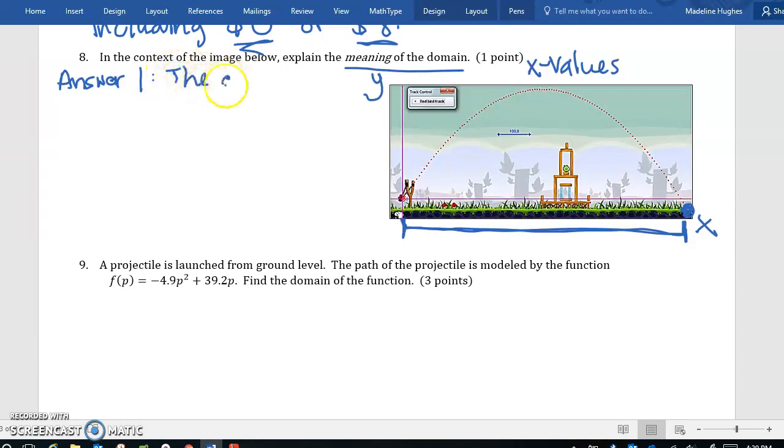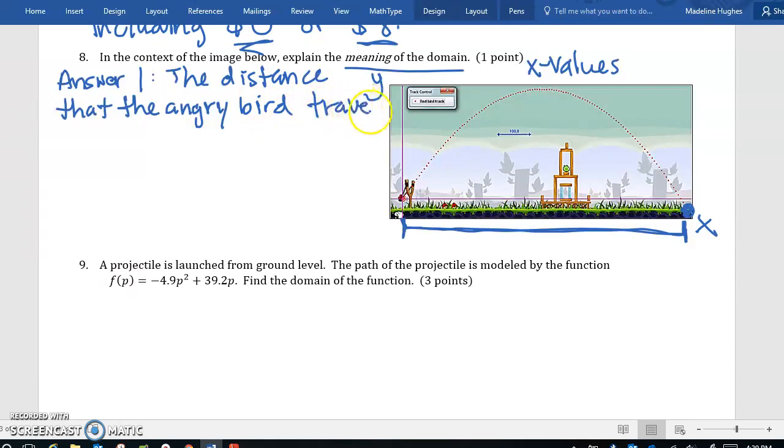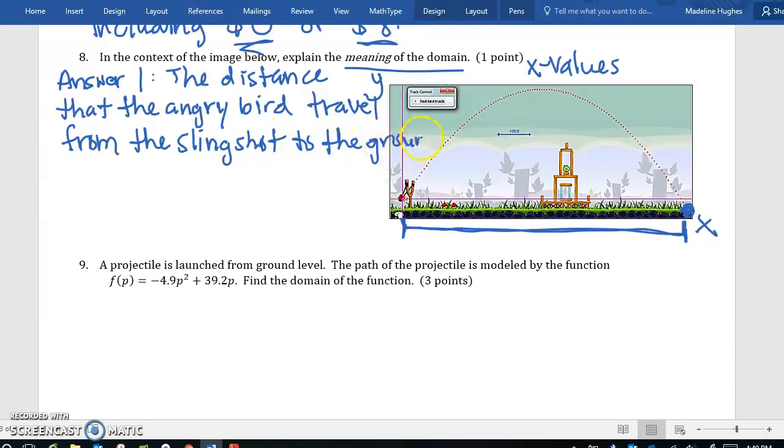So we'll write that as the distance that the Angry Bird travels, how far it's traveling from the slingshot to the ground. That could be one answer. That could be what the domain is representing.